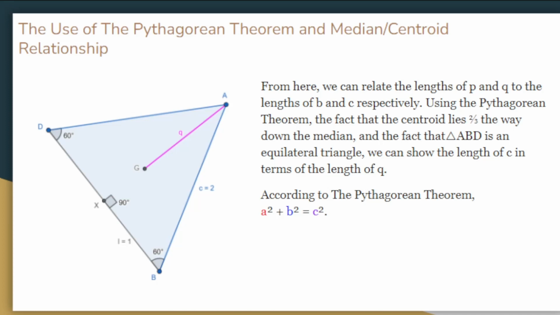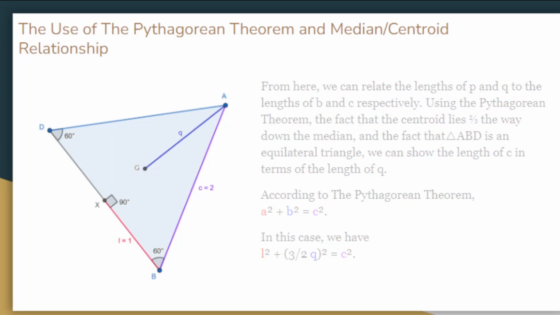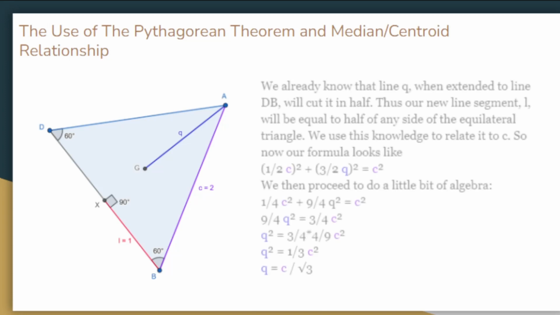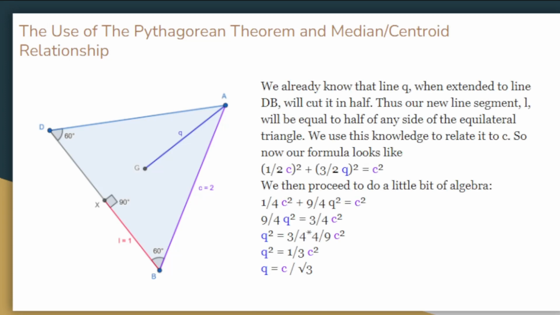According to the Pythagorean theorem, a squared plus b squared equals c squared. Well, in this case, we have L squared plus 3/2 times Q squared equals C squared. We already know that line Q, when extended to line DB, will cut it in half.